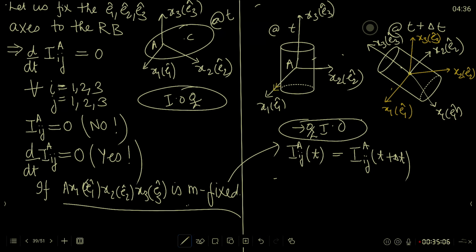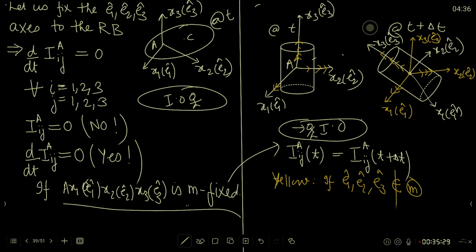Parallel. So the yellow color is showing if e1, e2, e3 are not fixed to M, this will happen.